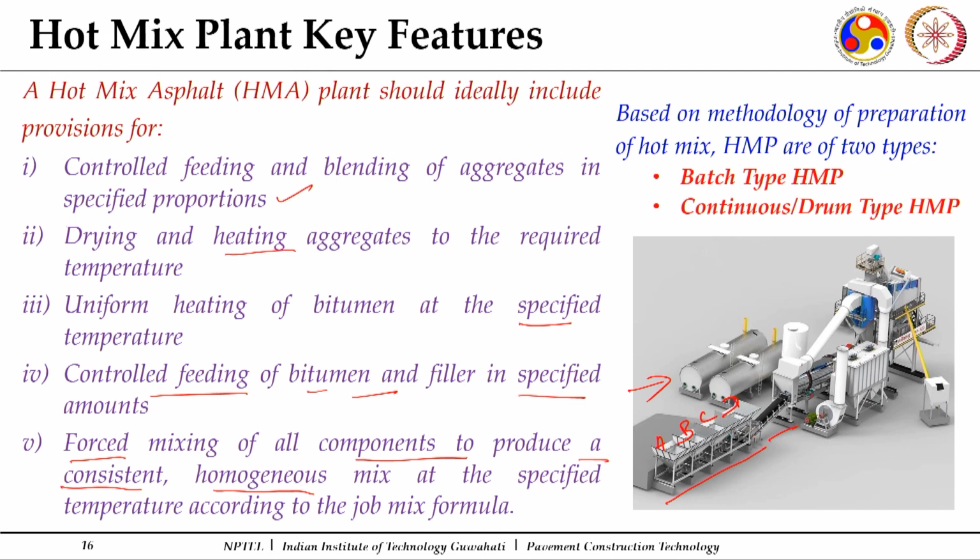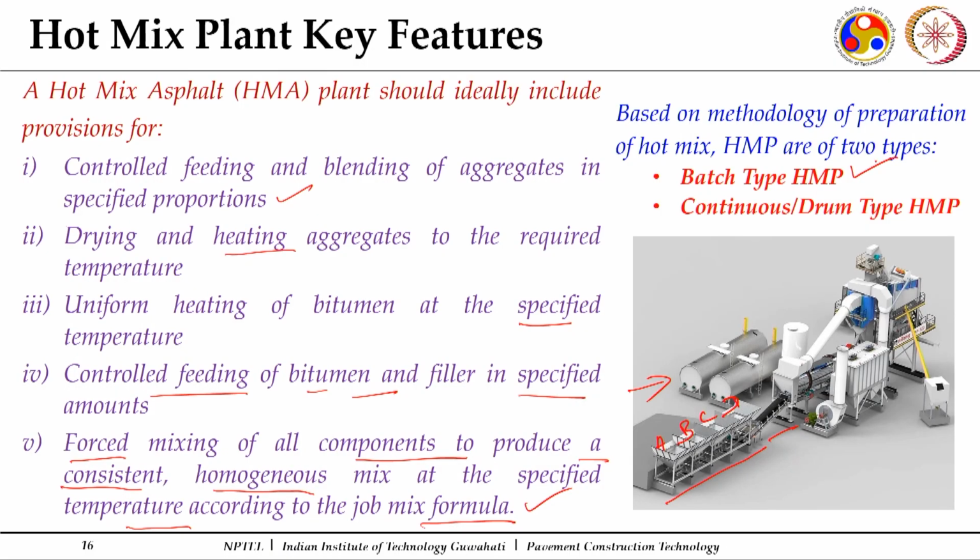You will do some regular checks also to ensure the consistency and homogeneity of the mix, and this is to be produced at a specified temperature, and it should meet your job mix formula. The design which you have made in the laboratory should finally be met by the product coming out of this hot mix plant.